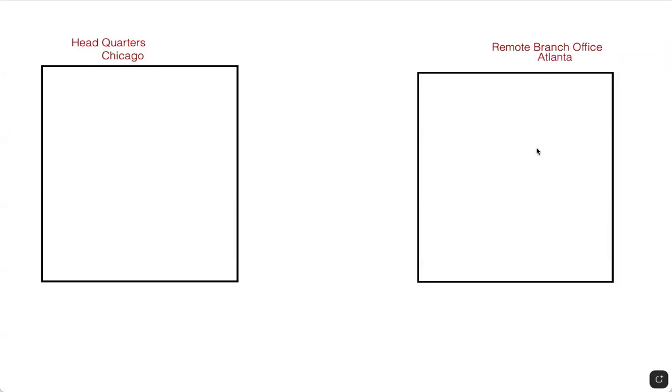What will happen? Let's say this remote branch office has its own controller, just like the question that you asked, and this one also has a controller.